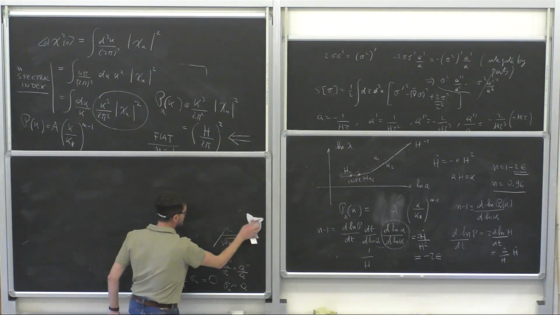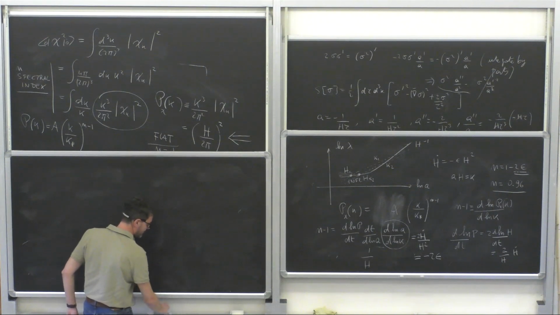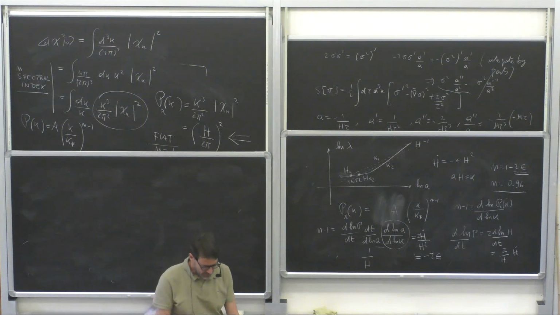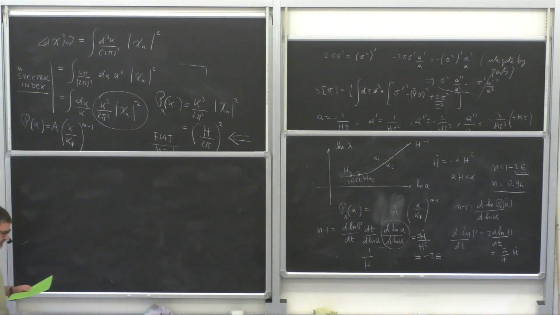So spin 2, helicity 2 objects that are produced inevitably during inflation. I want to take advantage of these results, and also I think Matteo will do an exercise. He will use what I'm going to teach you now.